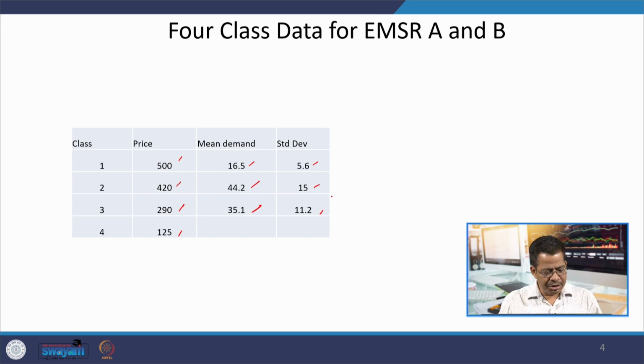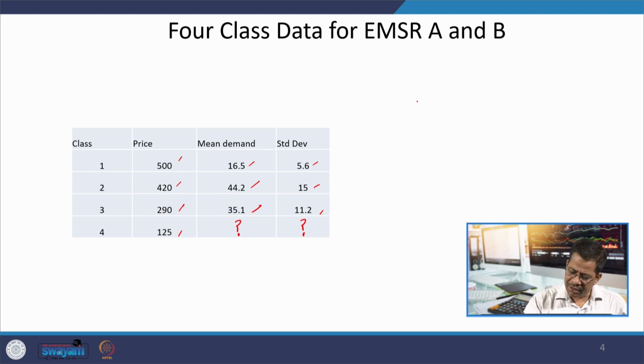We generally do not have the mean demand for the last class, and we will see why there is no relevance in giving the mean demand and standard deviation for the last class.